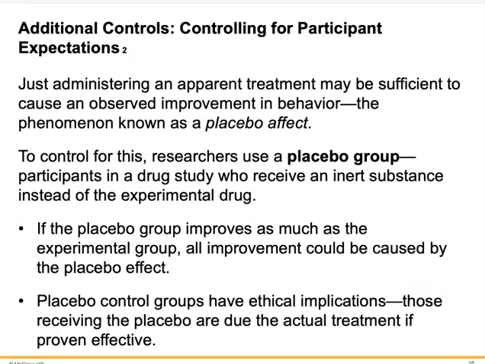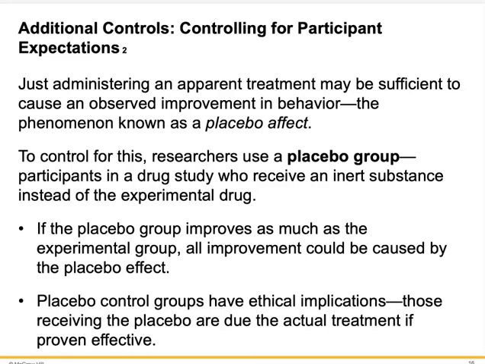So, one of the things that's important is to control participant expectations. If we just administer an apparent treatment, it may be sufficient to cause an observed improvement in behavior. And that phenomenon is known as a placebo effect. Okay, so really just letting somebody in on an experiment might actually cause some kind of change in the participant.